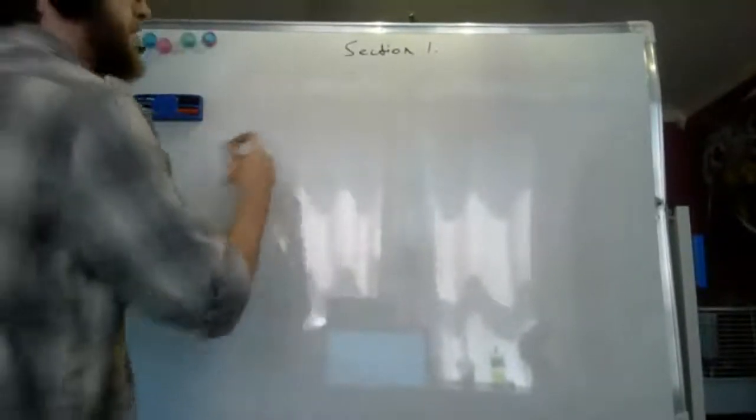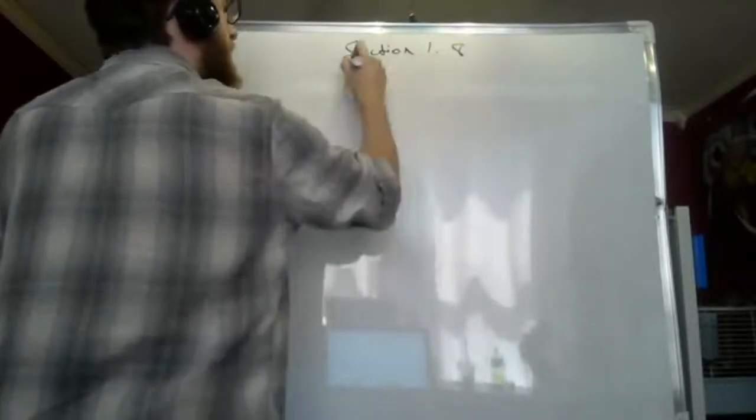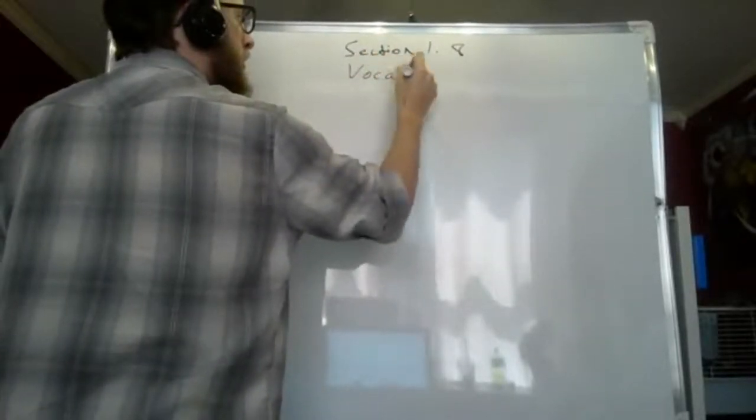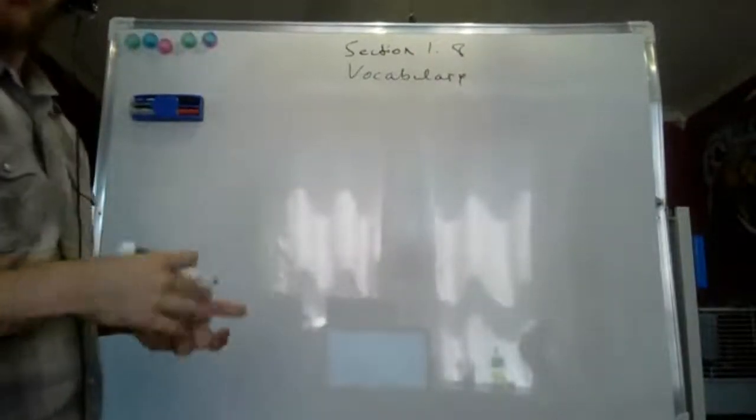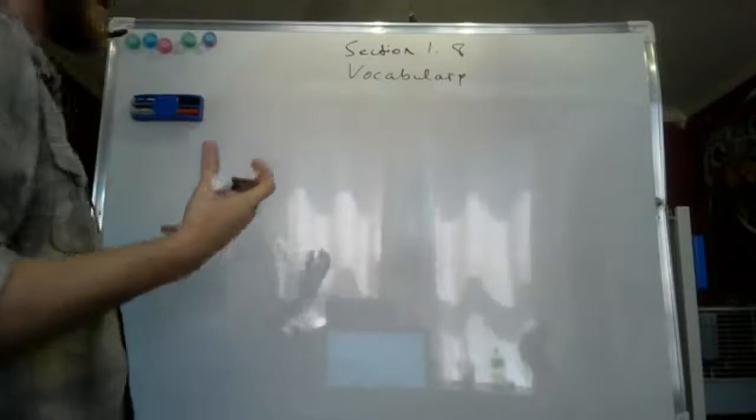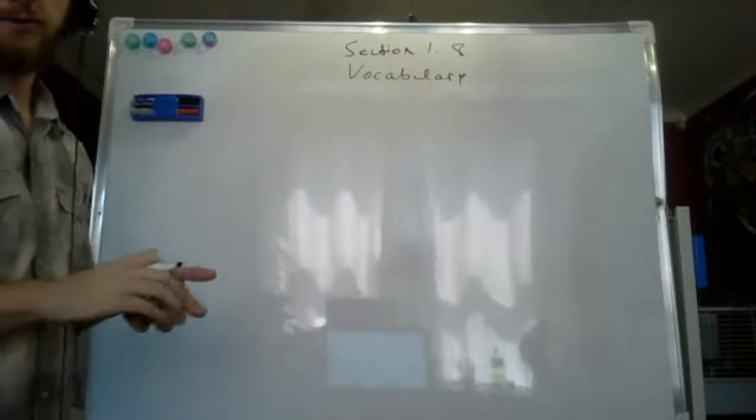Section 1.8 vocabulary. The first thing we want to discuss is, what is mathematical modeling?